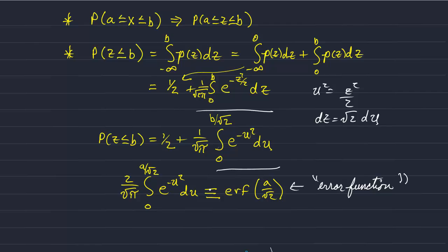And therefore, the solution to the probability of z being less than or equal to b is simply equal to 1/2 times 1 plus ERTH of b over the square root of 2.